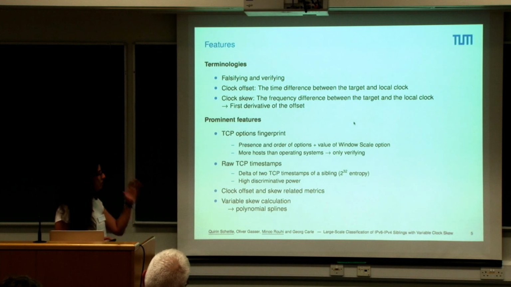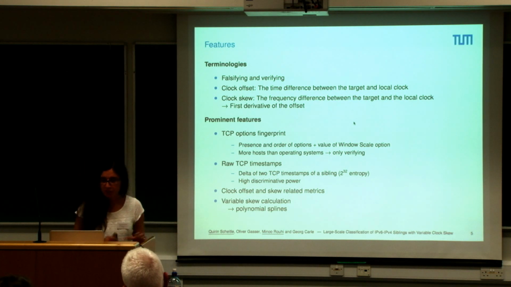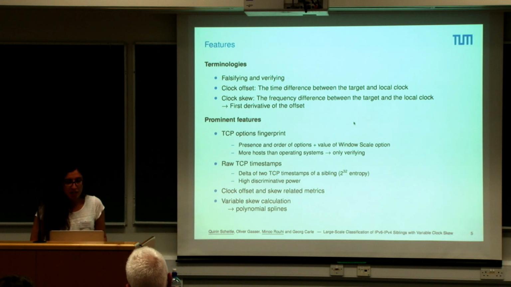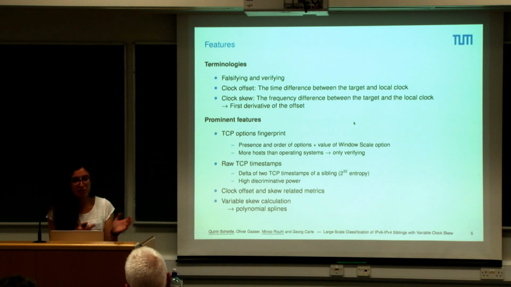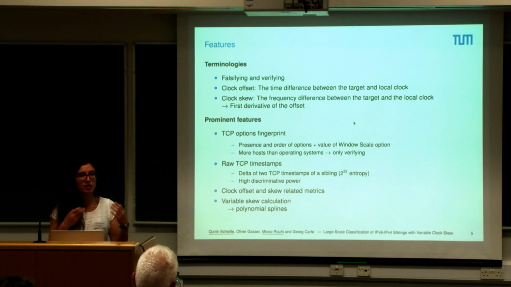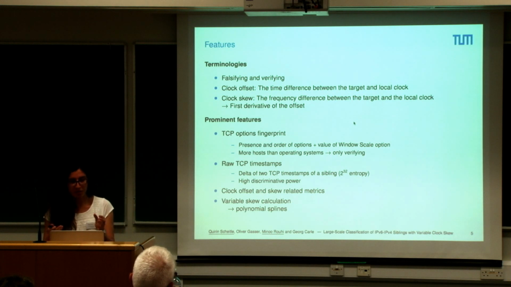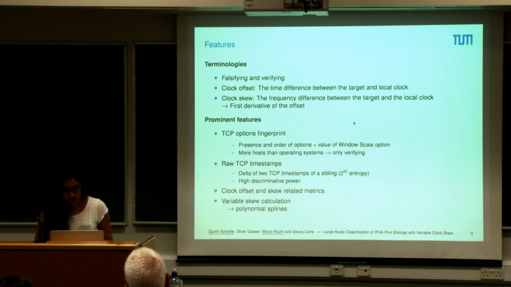The important thing to note is that this is only a falsifying metric, because the number of TCP options fingerprints is lower than the number of existing hosts out there, so there could be clashes.